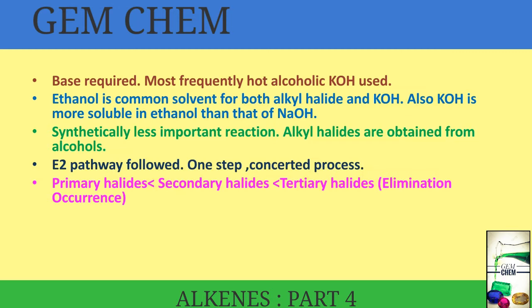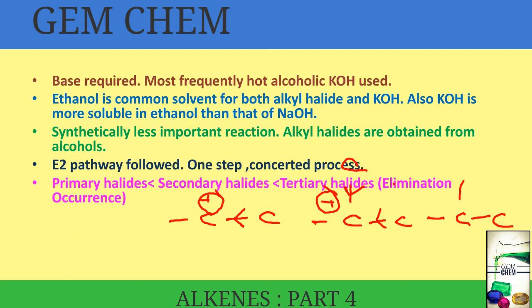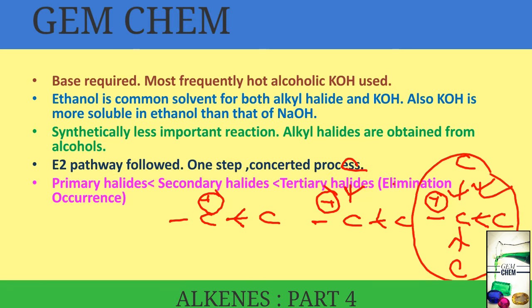For primary there is only one carbon attached, so on elimination the positive charge is stabilized by one plus I effect. When secondary, they have 2 carbon atoms, so there are 2 inductive effects stabilizing it. And for the tertiary one, there are 3 carbons attached, so from each side there is a plus I effect, and as a result it will be more stabilized. So easier elimination takes place from the tertiary ones.